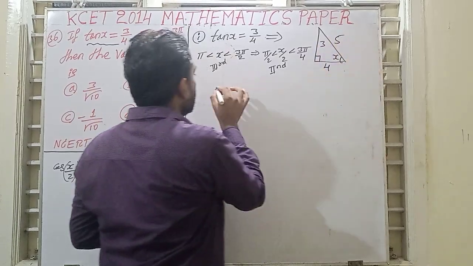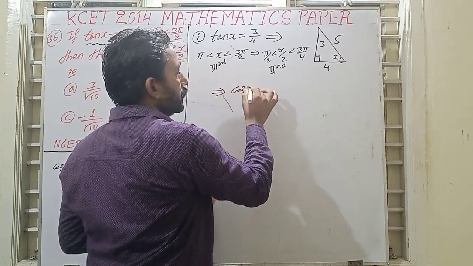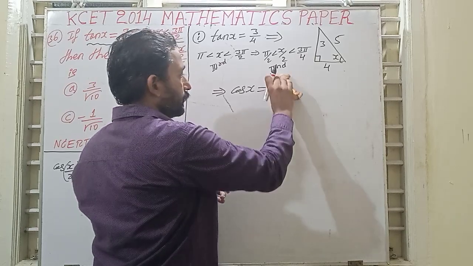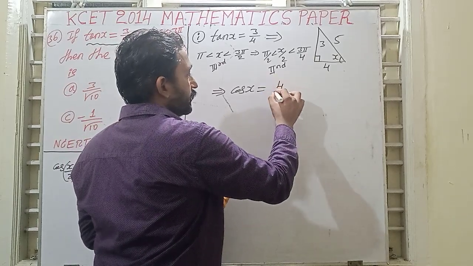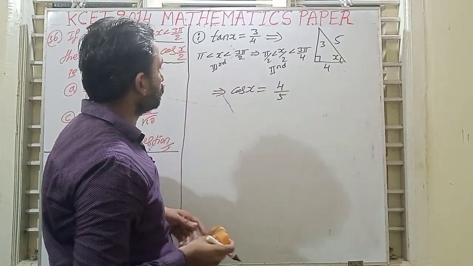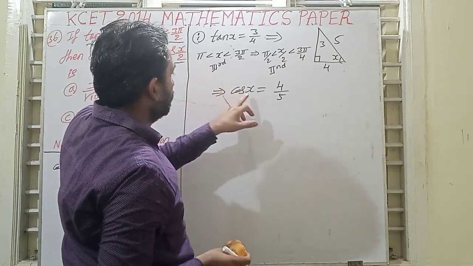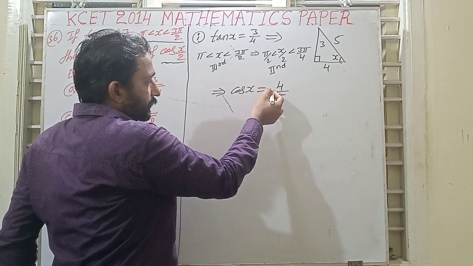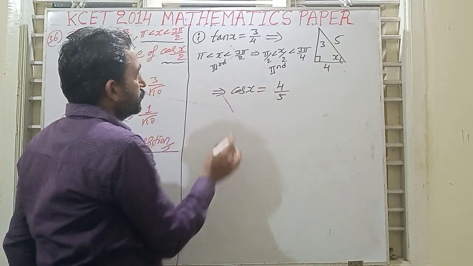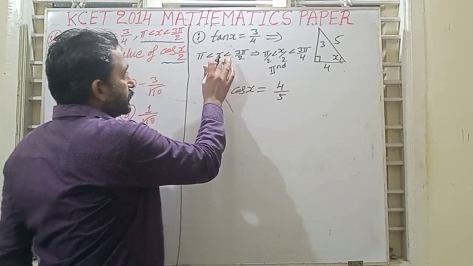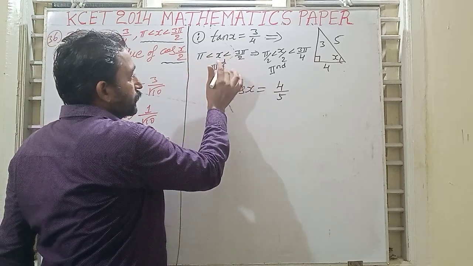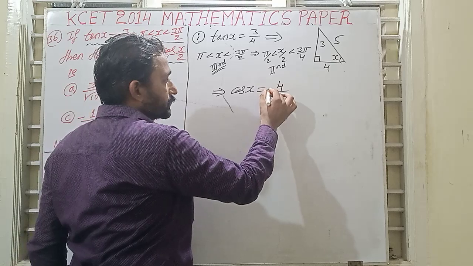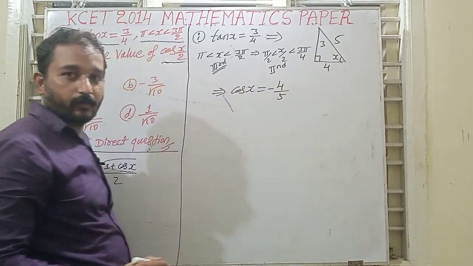So then write down cos x is equal to adjacent by hypotenuse, means 4 divided by 5. So here in this case cos x is equal to 4 by 5, but it takes either plus or minus. Okay. So depending upon x values, x lies in pi to 3 pi by 2, nothing but third quadrant. In third quadrant cos is negative. So cos x takes the value minus 4 divided by 5.